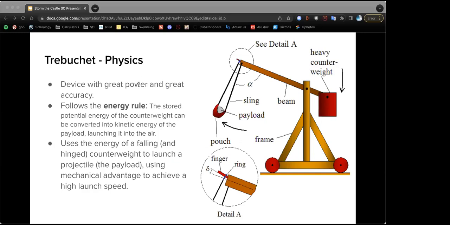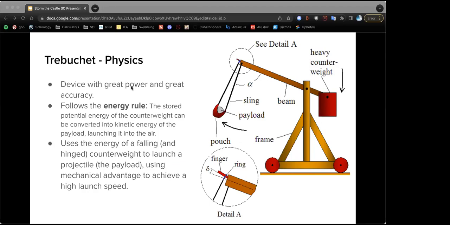Again, the trebuchet is a great device with great power and great accuracy. The most basic concept that you will need to know for this competition is the energy rule. The energy rule is in the rule book, but if your device doesn't follow it, you'll probably be disqualified.